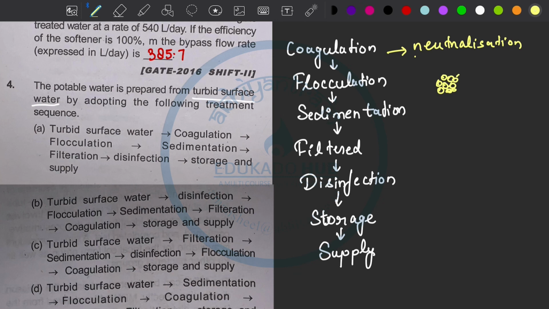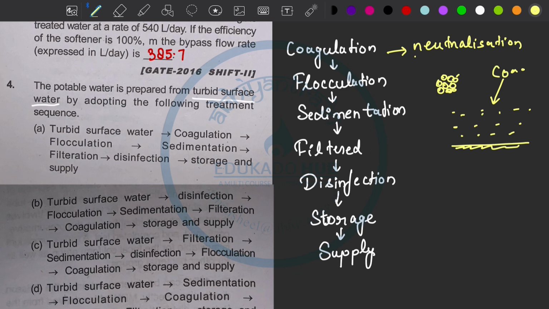So after flocculation, see, turbid water is the water in which some particles will settle down at the bottom, but some will never settle down. That only is creating turbidity. So for those particles we add coagulant, that means alum.